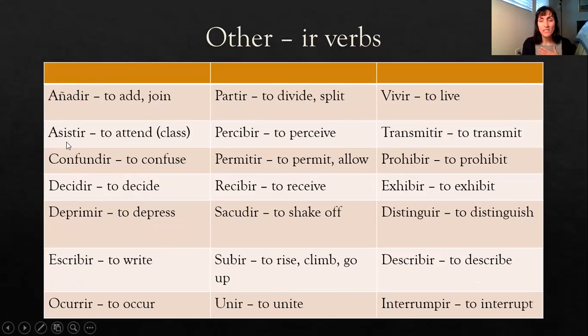Asistir would be asisto. Confundir, confundo. Decidir, decido. Deprimir, deprimo. Escribir, escribo. Ocurrir, ocurro. Let's do this middle column for the we form, imos.